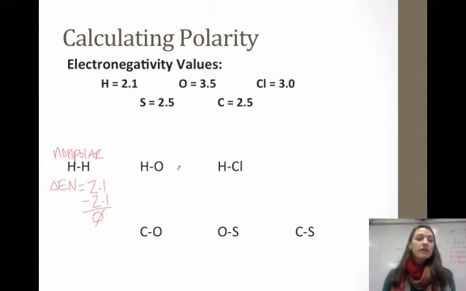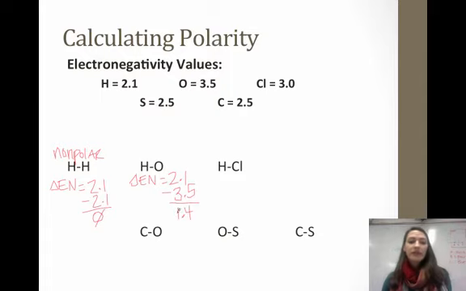All right, let's try OH. An OH bond, we've got delta EN, and we've got H, which is 2.1, minus 3.5. That's going to be 1.4. So we're going to do the absolute value of this.